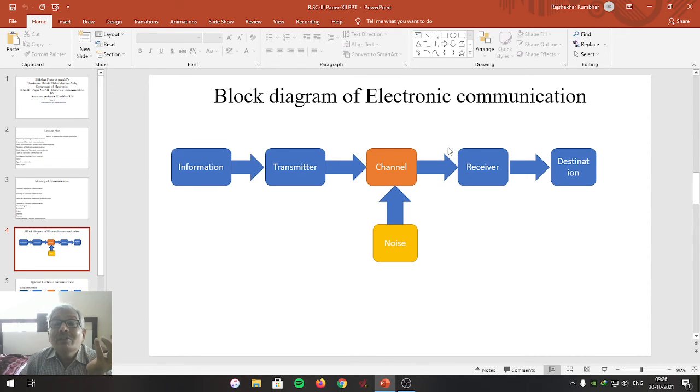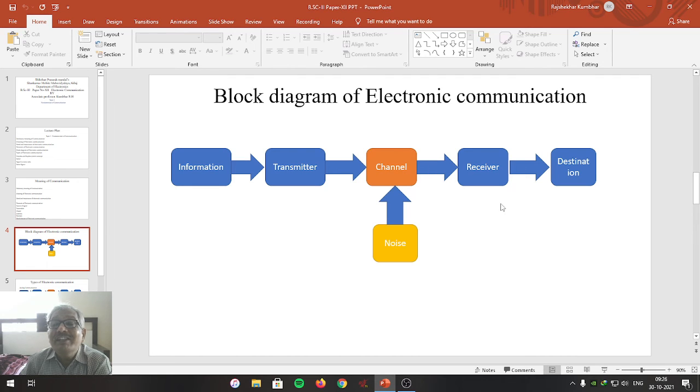After that, we are also going to study what happens within the channel, that means how high frequency radio waves propagate from the transmitter towards the receiver, and what difficulties those waves are likely to face in the atmosphere, in space. We are going to study all these aspects in forthcoming topics.